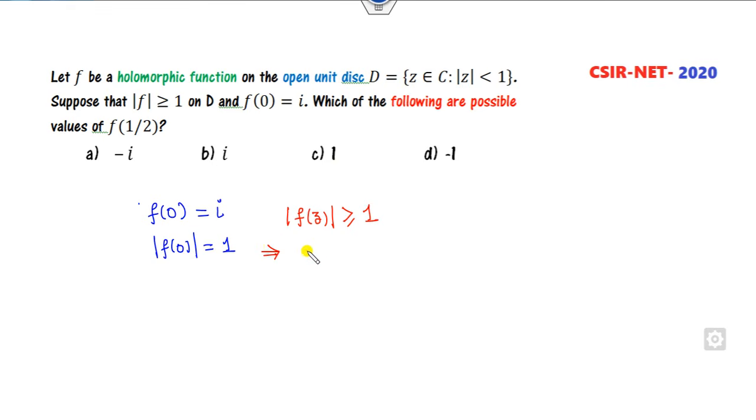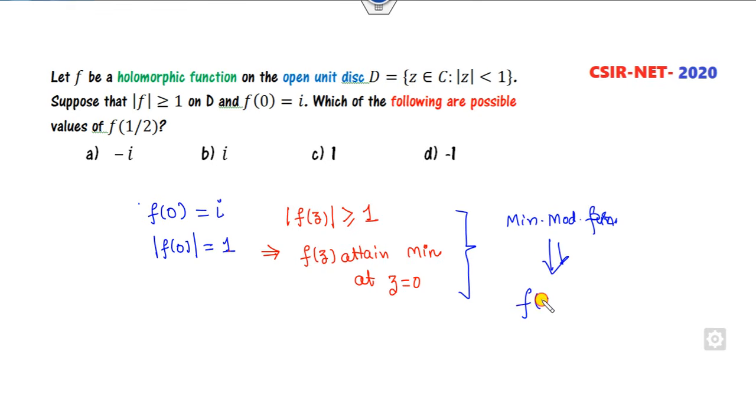It means the modulus of f attains its minimum value at the point z is 0. Which thing comes to your mind whenever a minimum or maximum value is attained? You can apply the minimum modulus principle. Fine. So what is the minimum modulus principle?